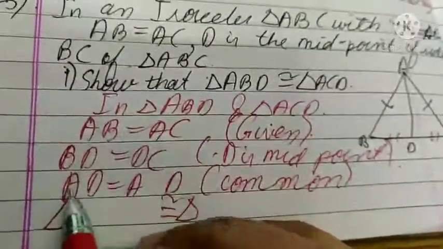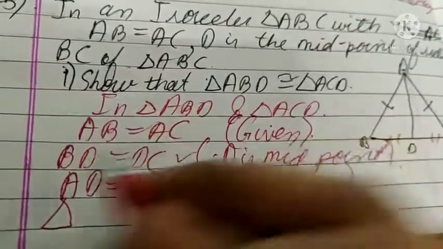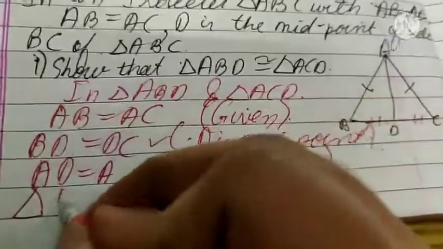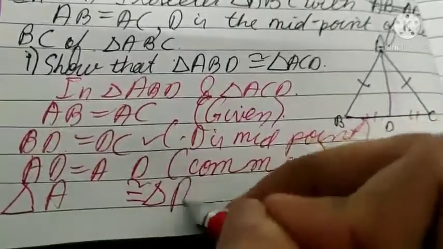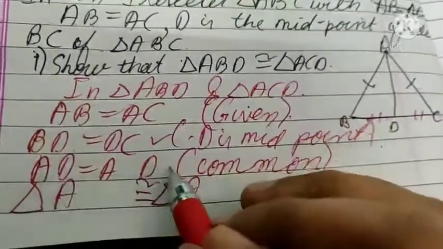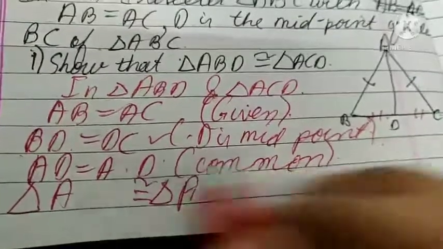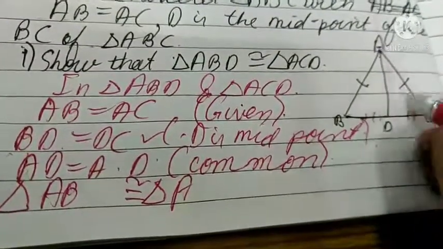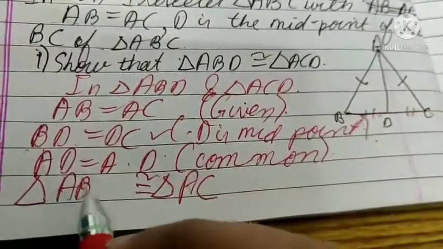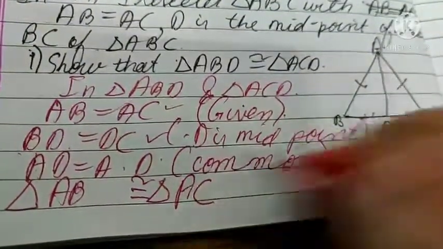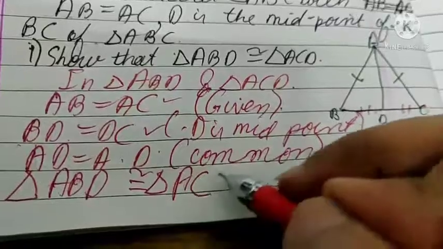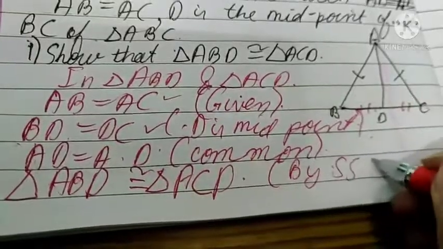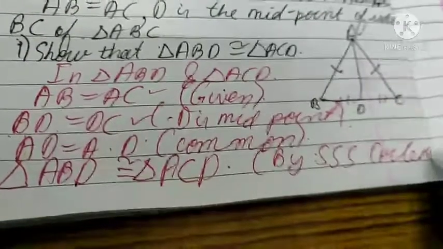Look, BD is equal to DC, the point in front of BD is A and the point in front of DC is again A, and then in front of AD in this triangle is B and in the other triangle is C, and then AB and AC, the point in front of AB is D and in front of AC is D. So these are congruent by SSS criteria. Okay.